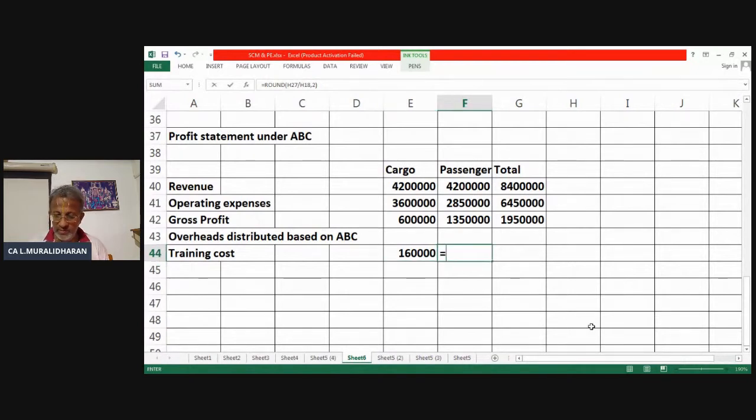Next is this into 4. So then this is not that. This is based on 1,000. Right. Flight scheduling.